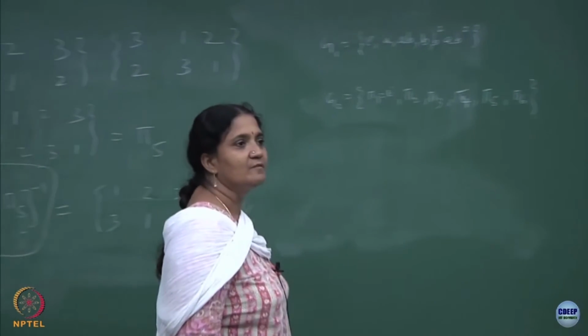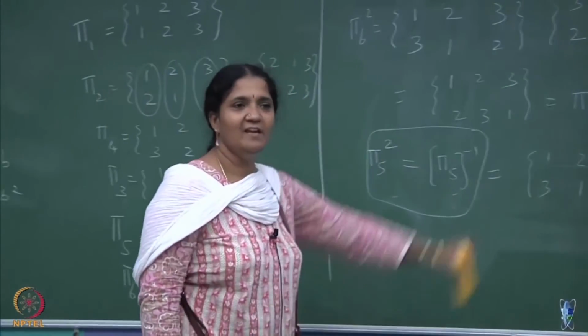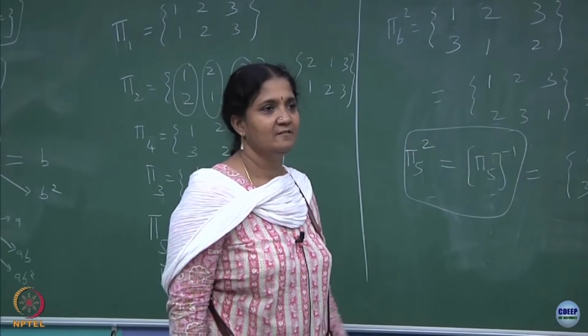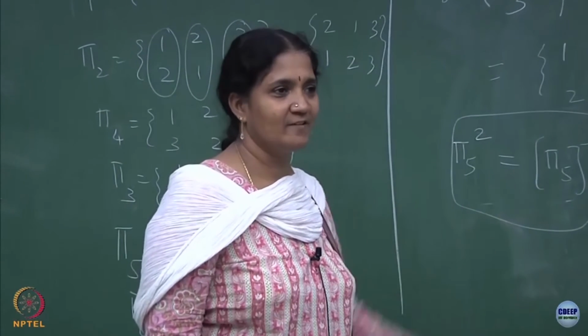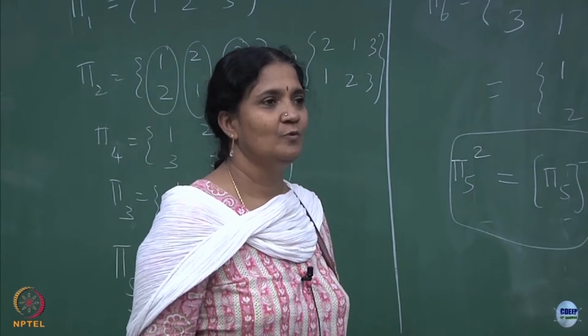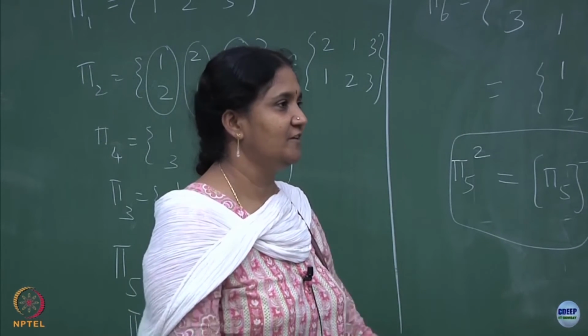Totally 6 elements. Okay, so I will leave it to you to find which one is A, which one is B, which one is AB, which one is AB squared. Please check it out. Then you have an isomorphism between two different looking definitions.